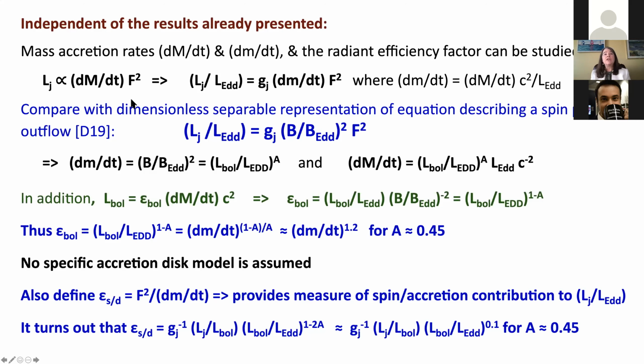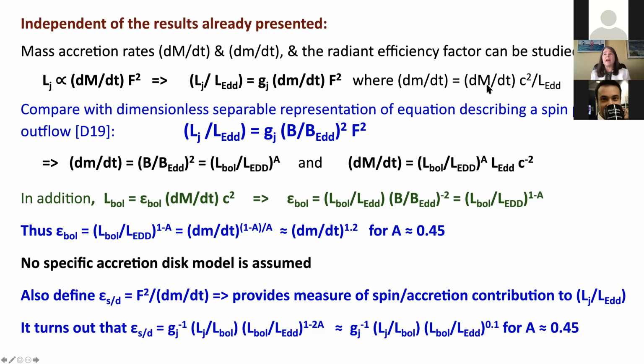Since it's a spin-powered outflow, we need to have the spin term, capital F squared, and then from a dimensional argument, we're going to have this go as the first power of the mass accretion rate.